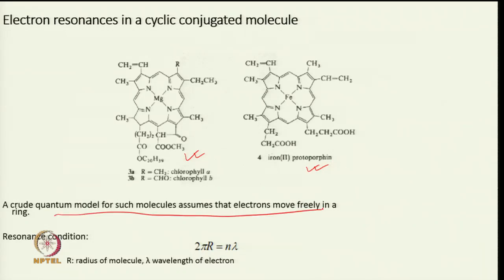Now, you can think of this as a ring, and for a ring the resonance condition is 2 pi r is equal to n lambda. If you remember, we have discussed this when we were discussing rotation.